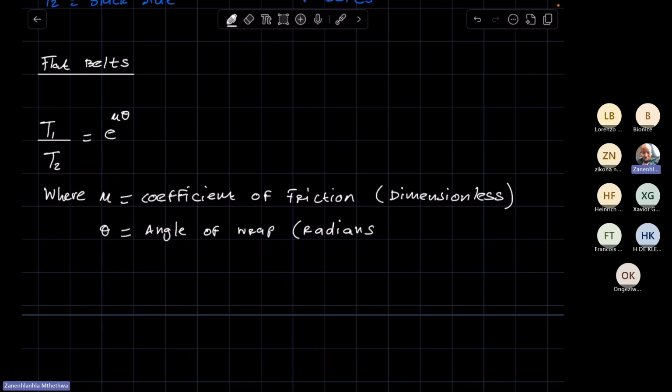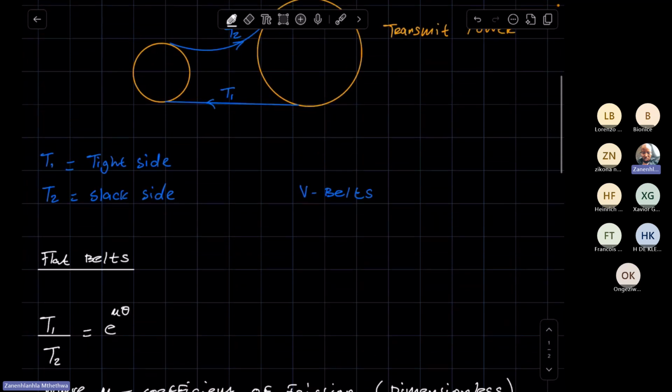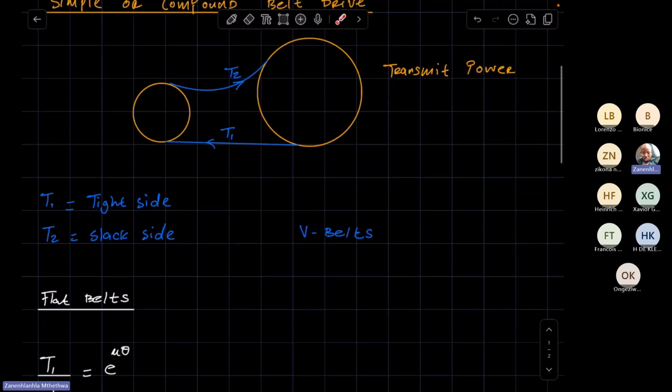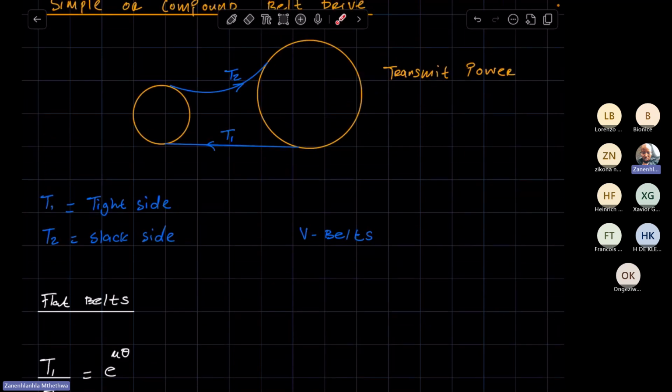In linear motion we use degrees, but in angular motion we use radians. That is the angle that is formed when the belt wraps around either of the pulleys, hence the name angle of wrap.